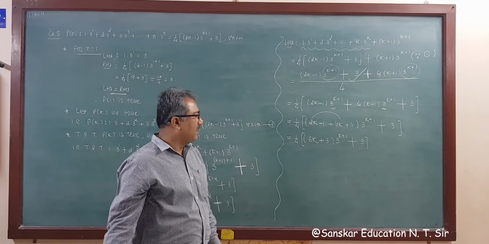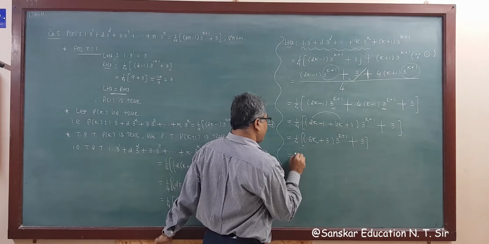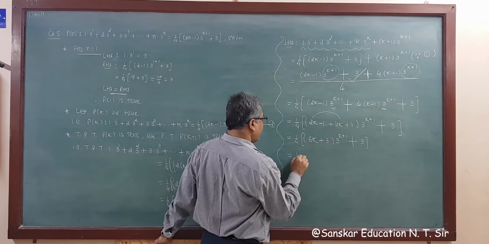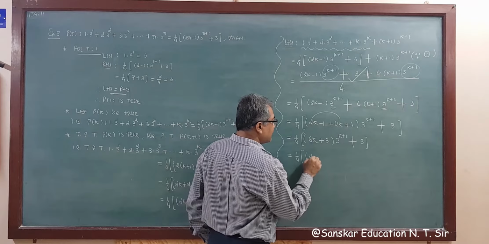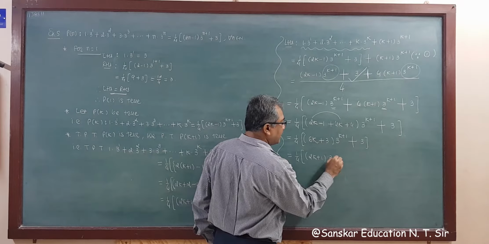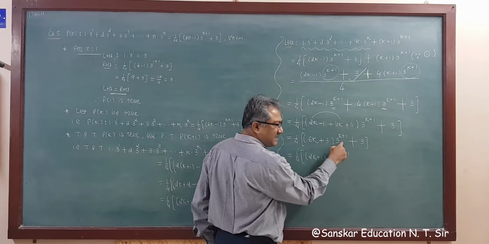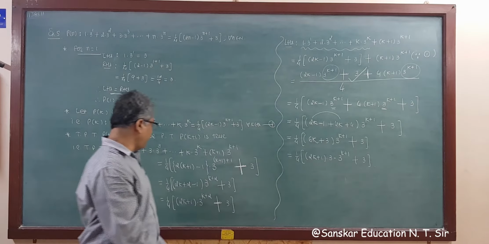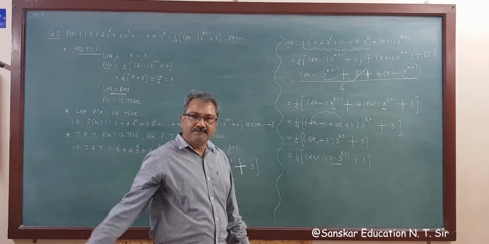Got it? Now, taking 3 common from this, so what we get? 1 upon 4. This is 3 common, that is twice k plus 1 into 3 is common. And this is 3 raised to k plus 1, right? And plus 3. Right? Now, base of these are same.